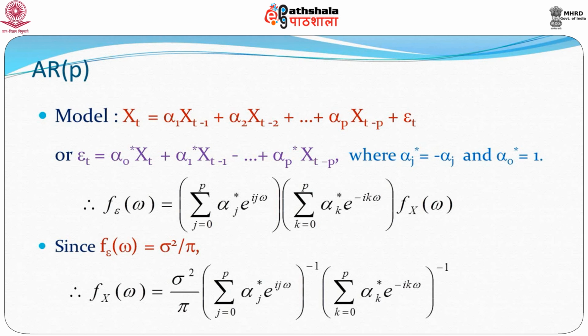And when you simplify this, you get an expression for the spectrum of an AR(p). As a special case we will get the spectrum for the AR(1), and probably the spectrum for the AR(2) is simple, but for higher order AR models the spectrum would not be so simple to look at, but we can get the expressions for it, and once the alphas are known, once they are replaced, it's easier to look at how the function looks.